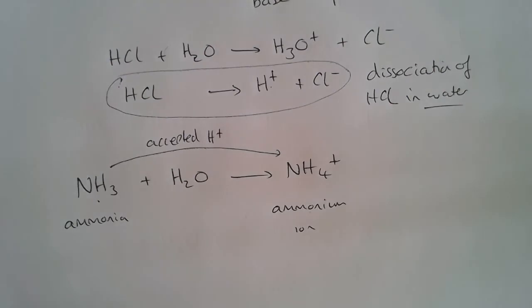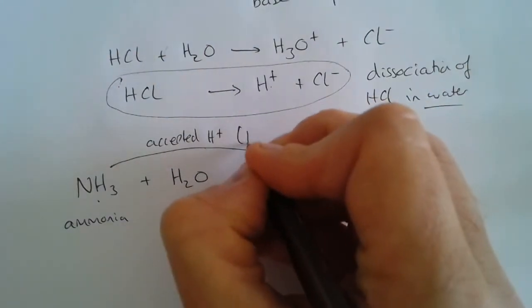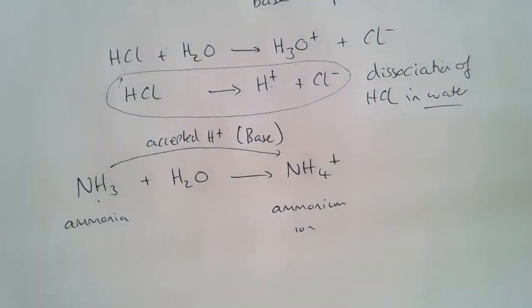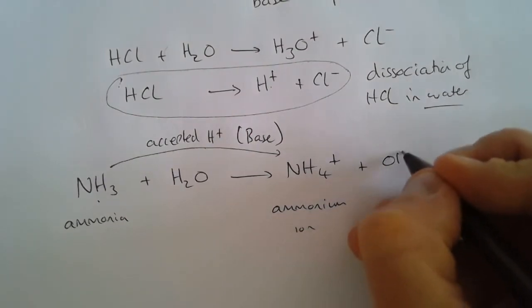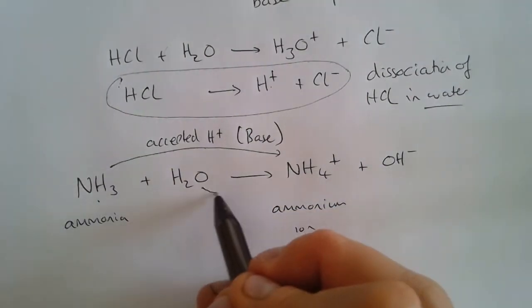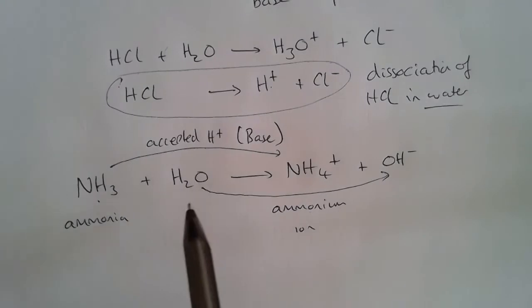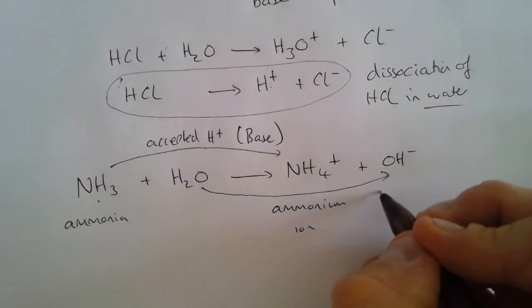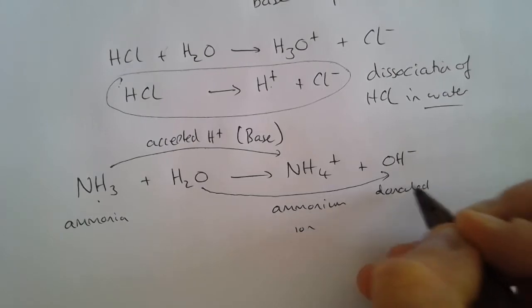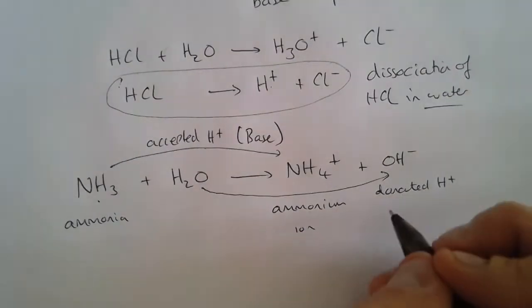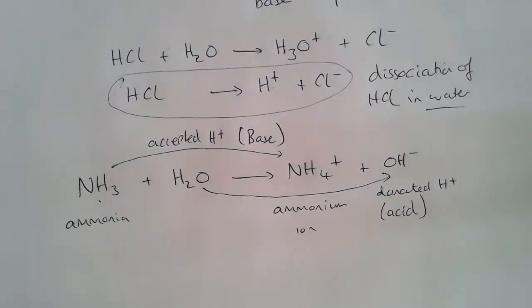If we've accepted a H plus ion, then we must be thinking about ammonia acting as a base. And the other thing that's produced is an OH minus ion or a hydroxide ion. What's happened to the water is it has lost a H plus ion. So this has donated or lost a proton, a H plus ion, and therefore it's acting as an acid.